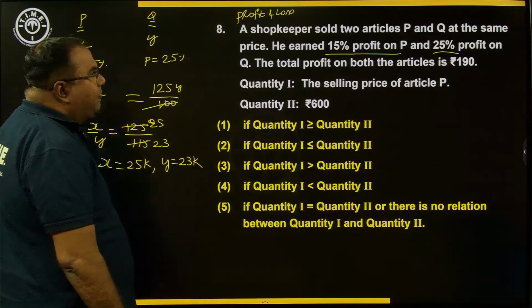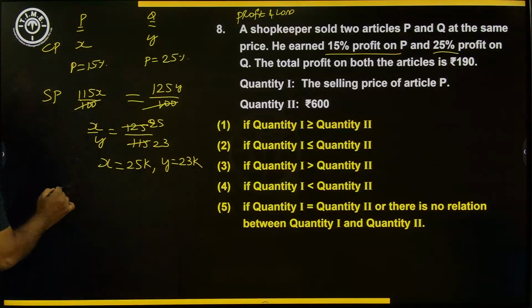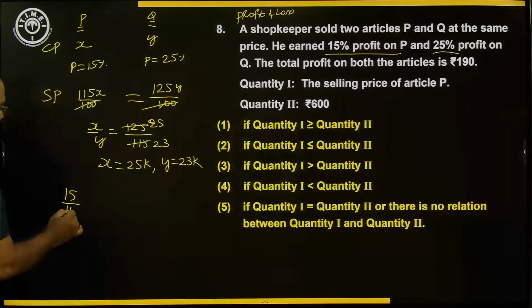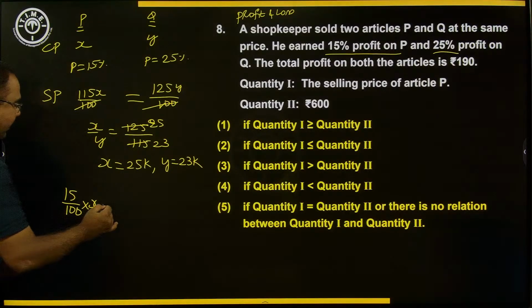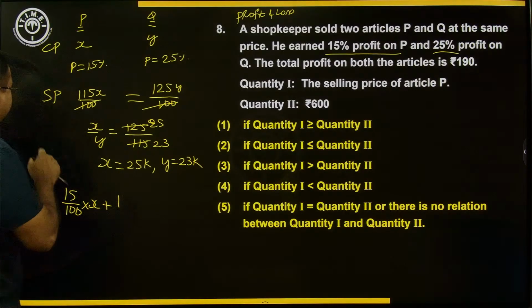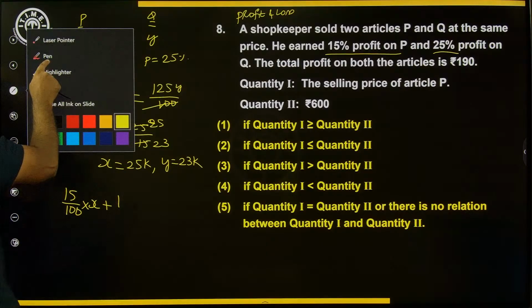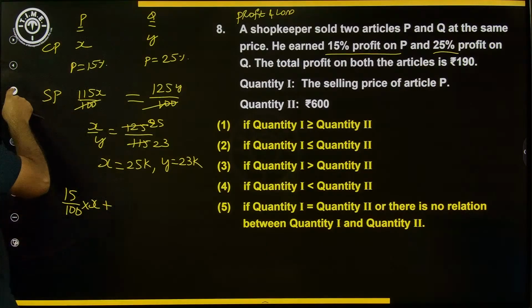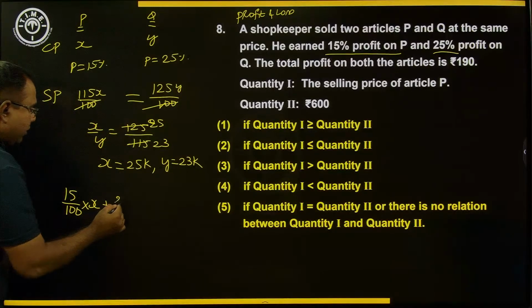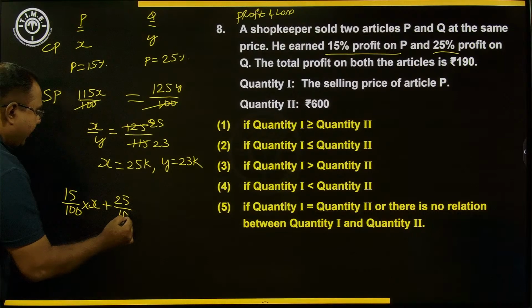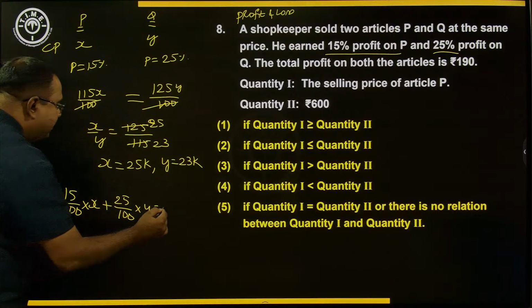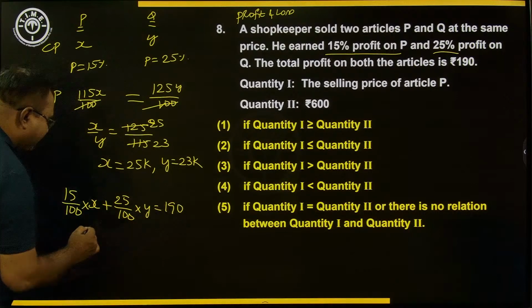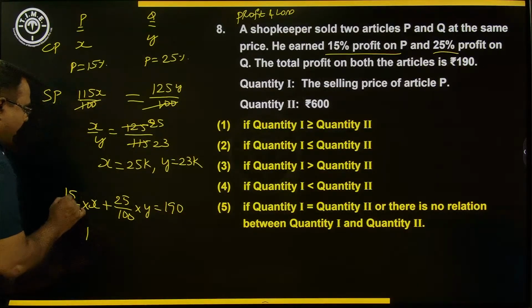We know that total profit is 190. What is profit on article X? 15% of X, CP. Profit percent, loss percent calculated on CP. So, it is 25%. 25% upon 100 into Y, and my total profit is 190. So, I can say 15x, or I can take 5 common.